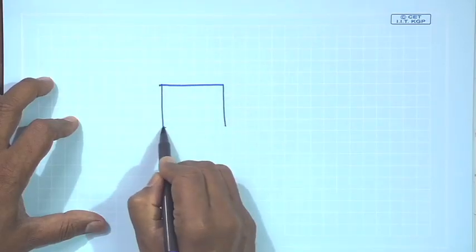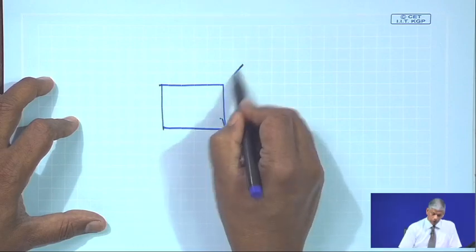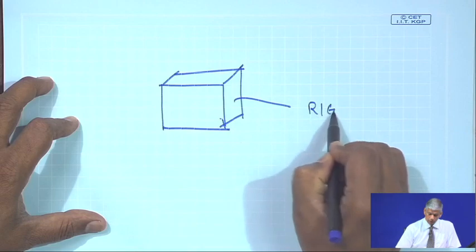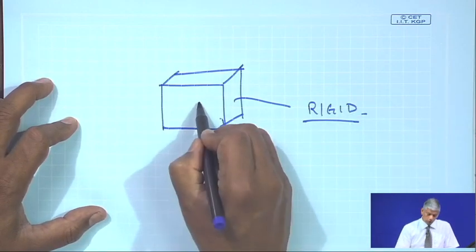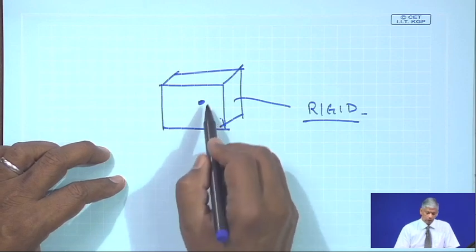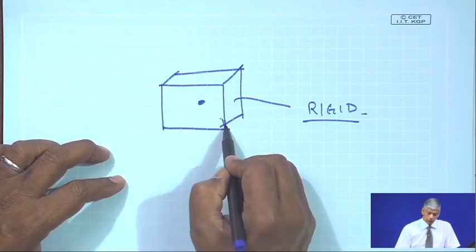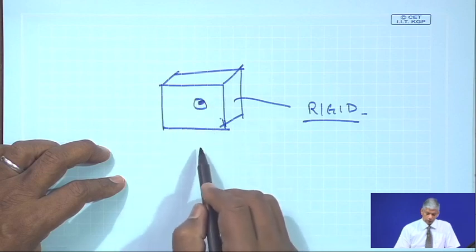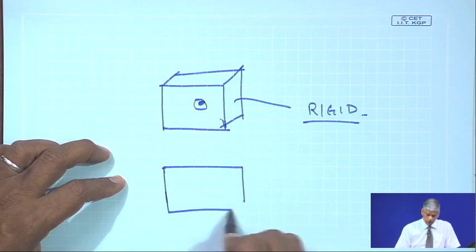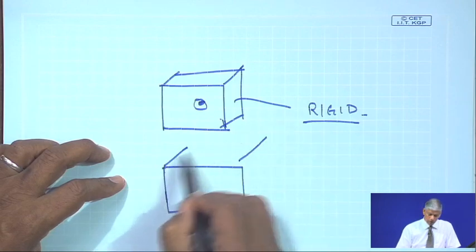But one thing I must tell you, when I draw a body, if I consider this to be rigid, so all the motion is about its center of mass. So, I can relate the vibration of the body or the motion of the body about its center of mass. But no body in reality is rigid.